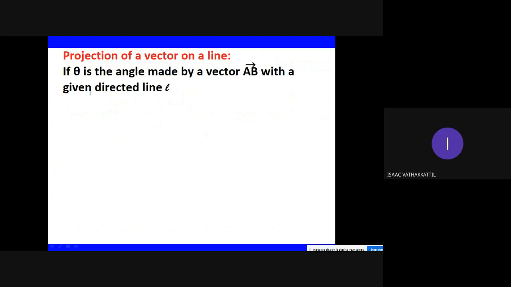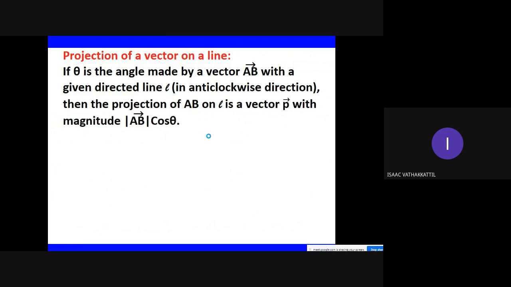Projection of a vector on a line. If theta is the angle made by the vector AB with a given direction L, then the projection of AB on L is a vector P with magnitude AB cos theta. Suppose I have a vector L here and I have a vector AB here.